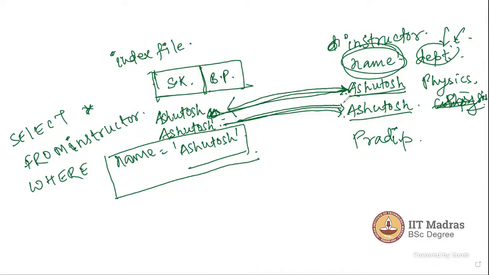So for every record, one record will be created in the index file. The search key will be the same, but the block pointers will be different. That's how we can recognize each and every duplicate value. Okay, sir, now understood.